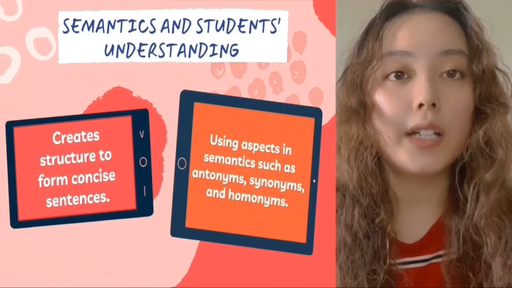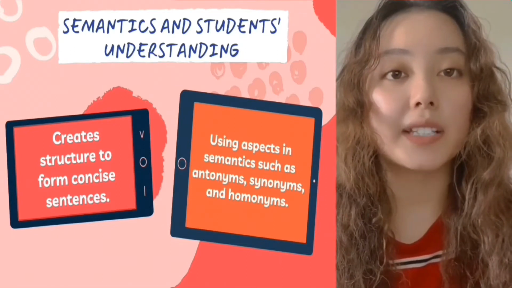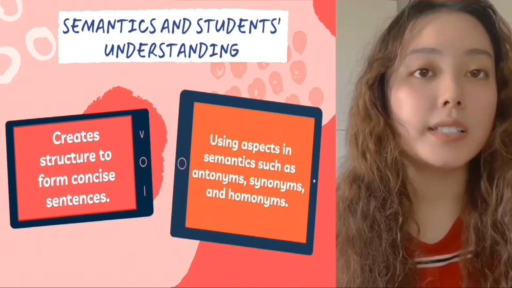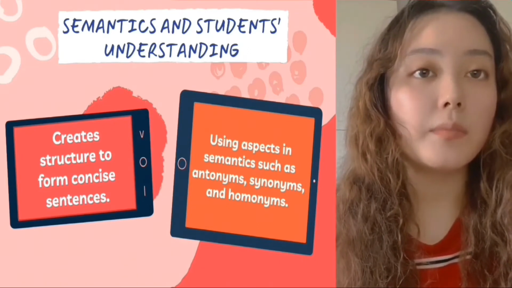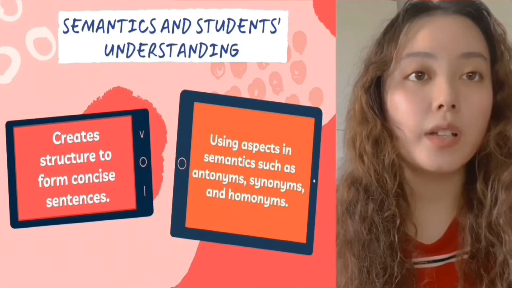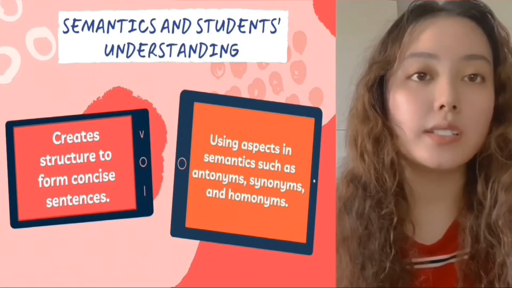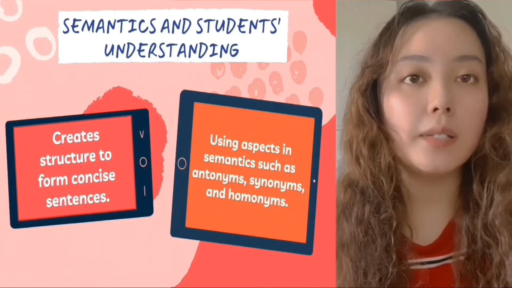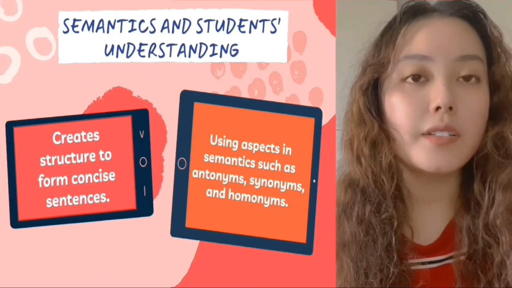There are very effective ways to understand the meaning of words in semantics: entailments, synonyms, and homonyms. These three aspects are very effective in enabling students to understand the meaning of words. For example, entailments.